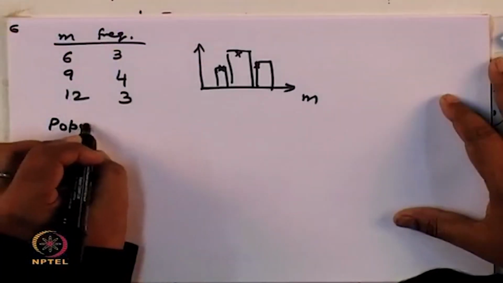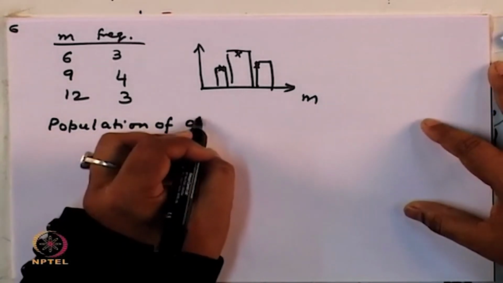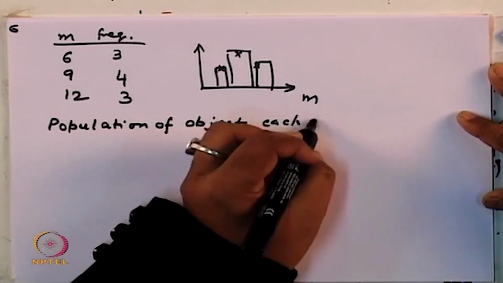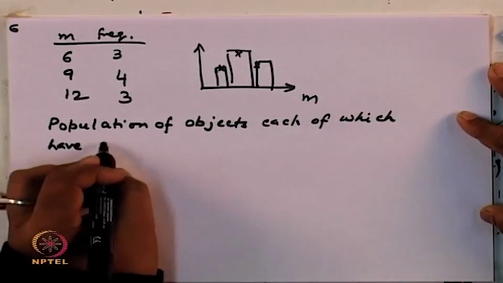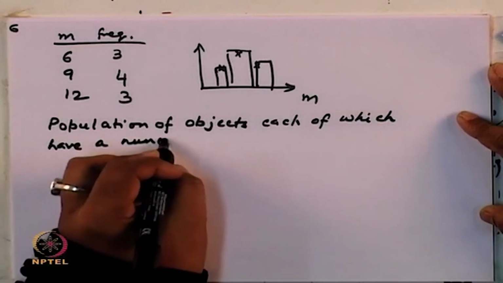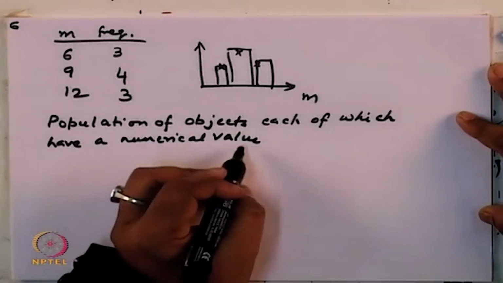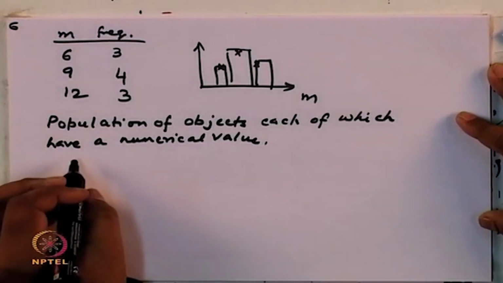So, let us consider another case. Imagine you have a population, just like the above case, a population of objects, each of which has a numerical value.